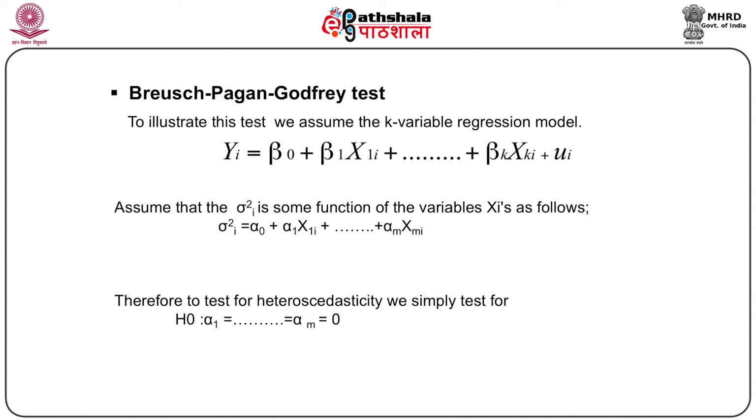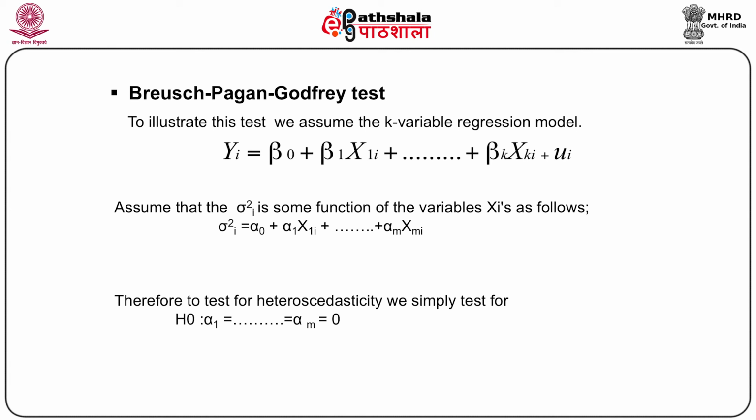We assume that the heteroscedastic variance sigma i square is some function of the variables xi's, and the model is written as sigma i square equals alpha naught plus alpha 1 x1i plus ... plus alpha k xki, and we run the regression model.